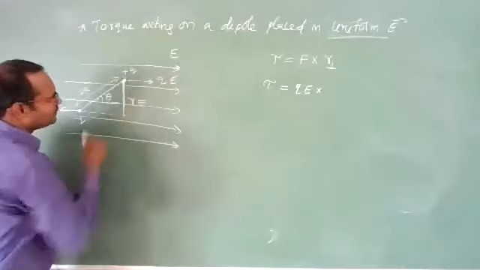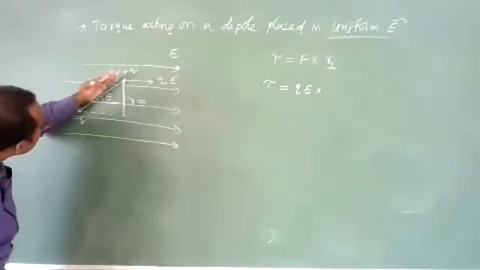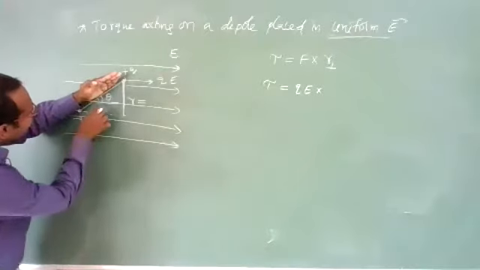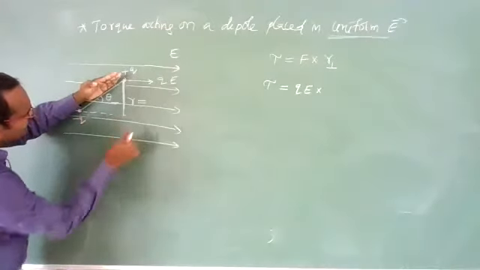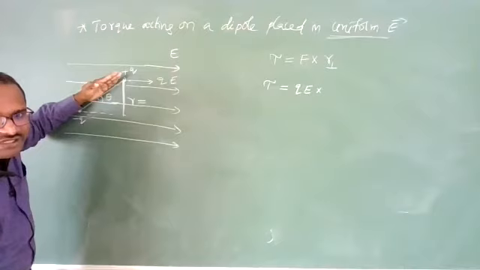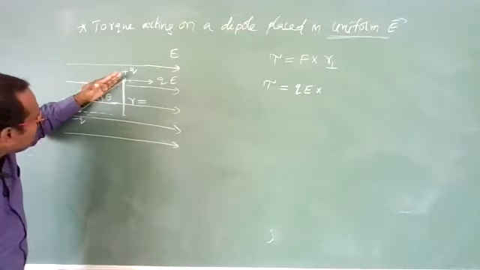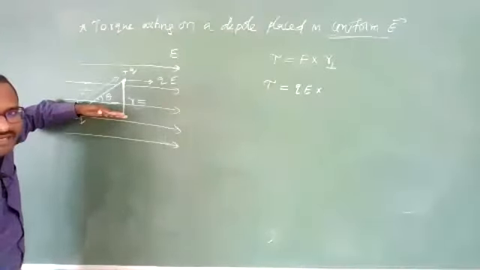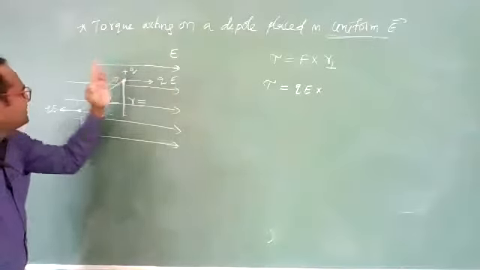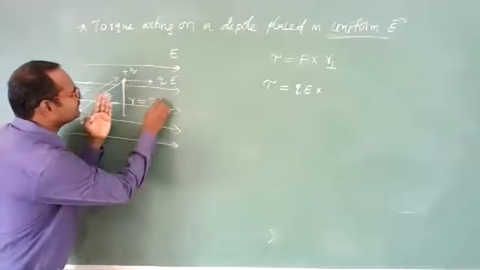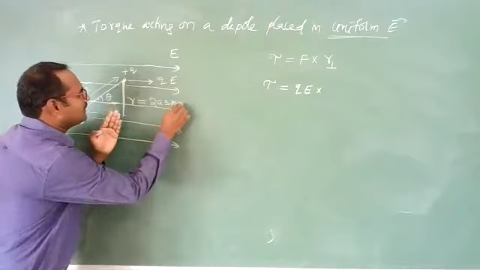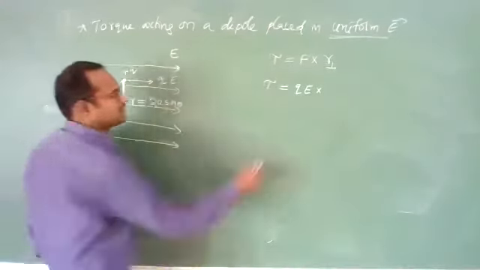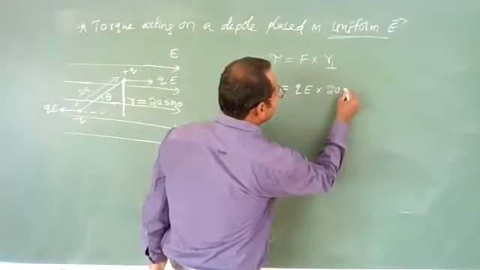And what will be that value? You see, this is 2a and it is making an angle theta with this horizontal line. Then you can resolve that 2a into components. One is 2a cos theta here and perpendicular to it, 2a sin theta. So the perpendicular distance is 2a sin theta.